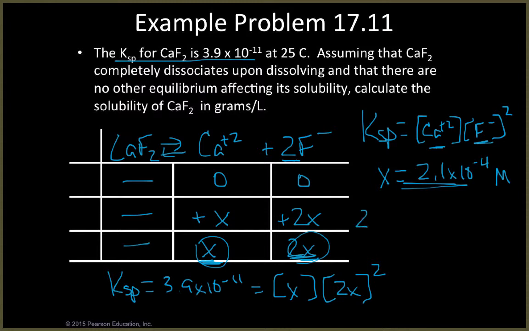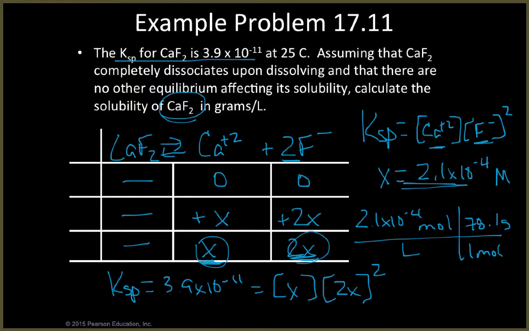So I'm going to take this 2.1 times 10 to the negative 4 moles per liter, which is what that molarity is, and convert it using the molar mass of CaF2 because that's what they're asking for. The molar mass is 78.1 grams per 1 mole. That changes the solubility from molarity to grams per liter. And when I do that, I get 1.6 times 10 to the negative 2 grams per liter.